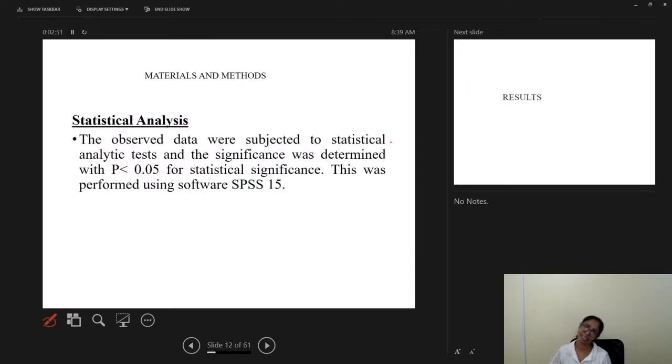We dissected the fetuses to check whether only anencephaly was present or whether there were any other associated anomalies along with it. The data we got after dissection as well as the biochemical analysis were put into SPSS software, and we made a statistical analysis to find out the statistical significance.